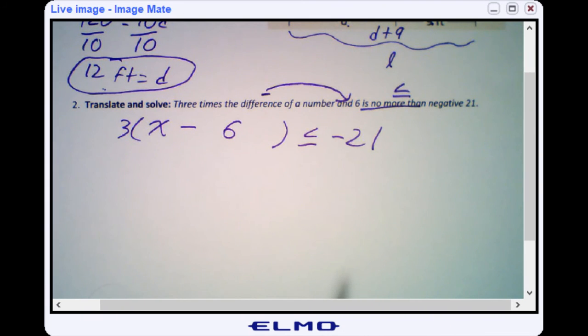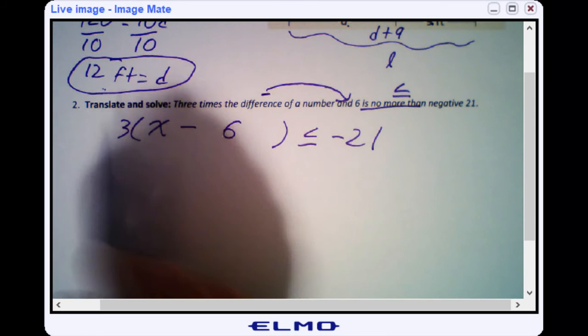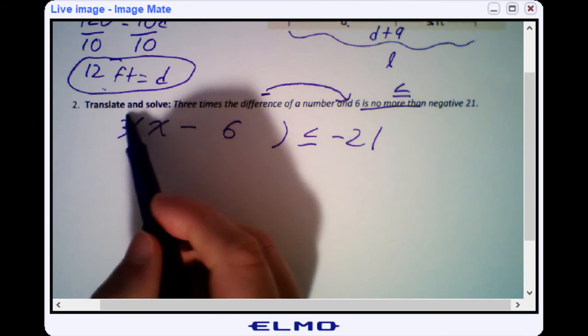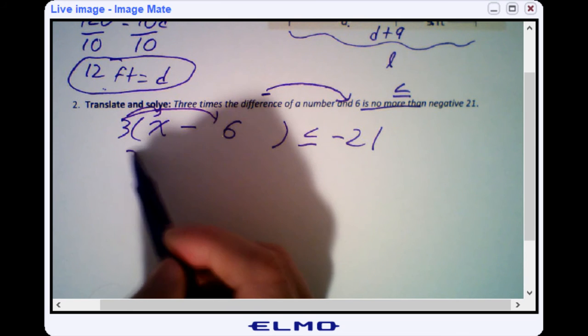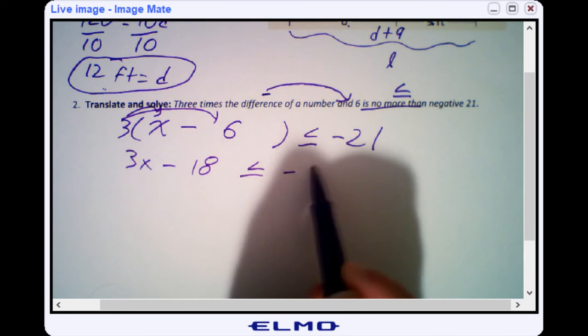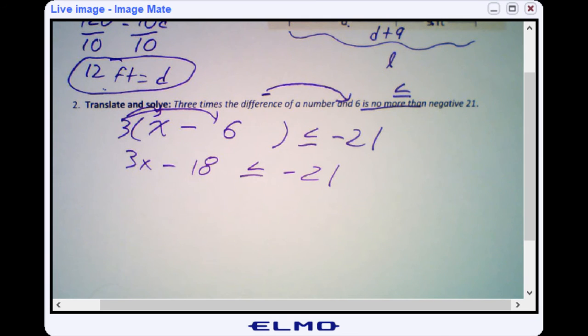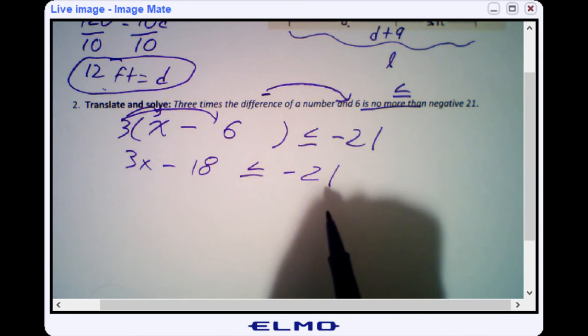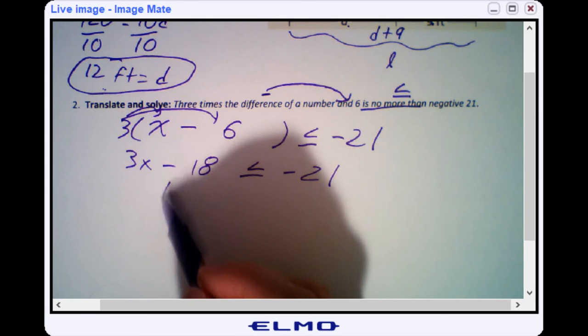Now how we're going to solve it. So I have to clean up this left side because I have the parentheses. We don't want the parentheses. So we're going to distribute. I'm going to get 3x minus 18 is less than or equal to negative 21. I look at the left side. I don't have any terms to clean up. My right side is only one term, so there's nothing to simplify over there. This is a two-step inequality. We move the minus 18, so I'm going to add 18 first.